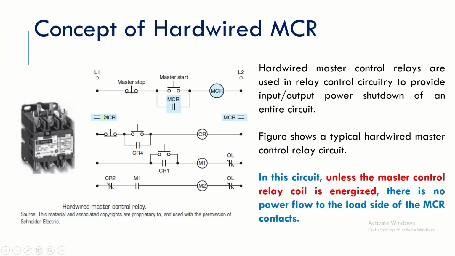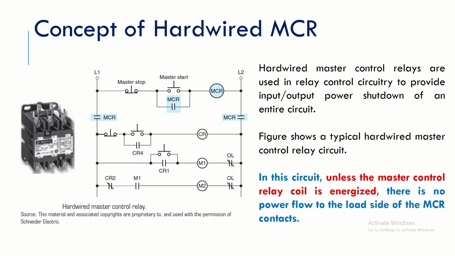And normally open contacts of the coil are connected here. So whenever we energize this MCR, this entire circuit can be either brought to energy or it can be taken to a shutdown. So this is the basic operation of a hardwired master control relay circuit.